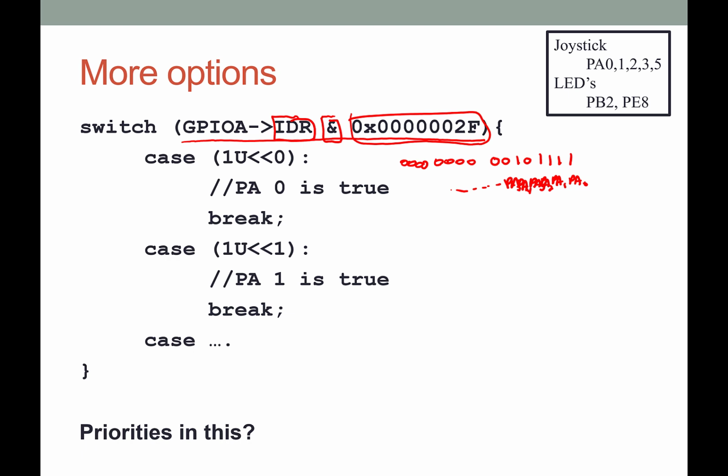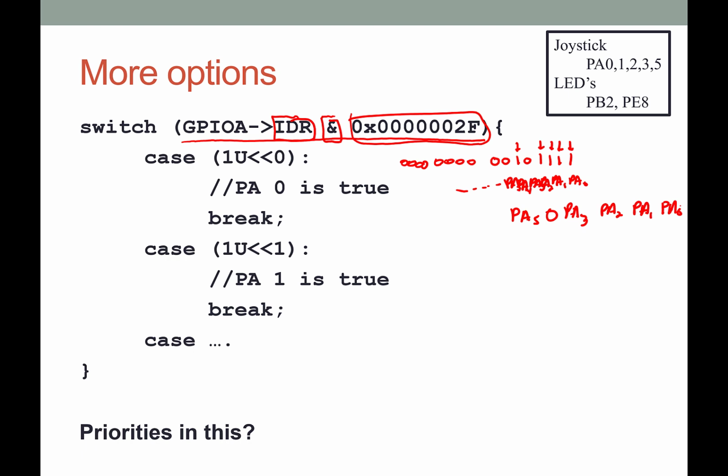So basically by putting these ones in these positions and ANDing, we're singling out PA5. Everything else is going to be zeros. PA3, PA2, PA1, and PA0. And then we're doing case statements based on what the number is that we get out.